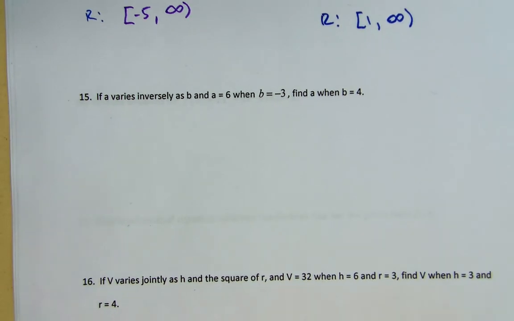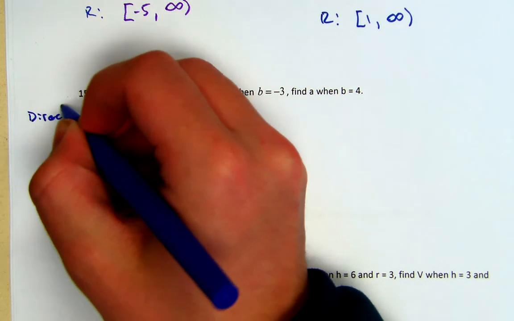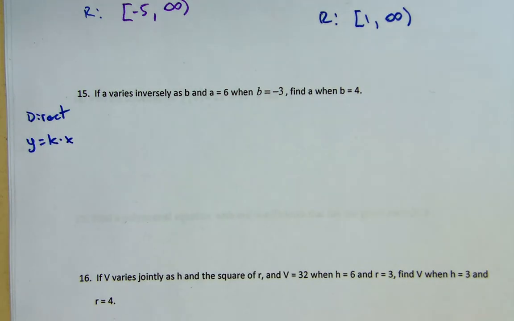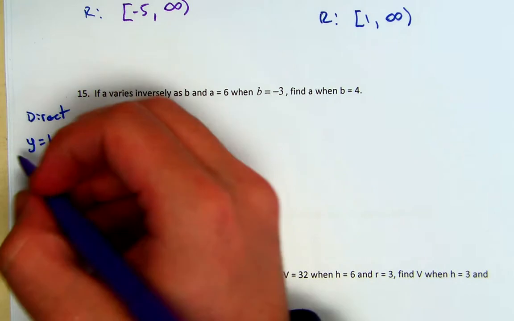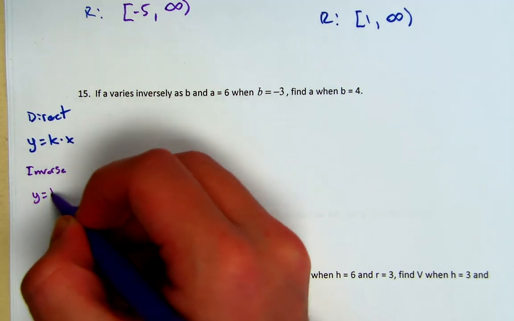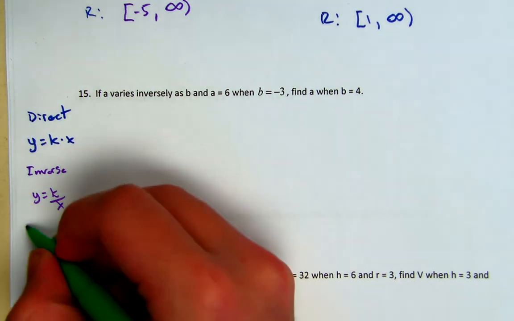Alright, variation. Well, remember we have a few types. We've got direct. So that's your y equals kx, just one multiplication. Got inverse. That's your y equals k over x. We've got joint.